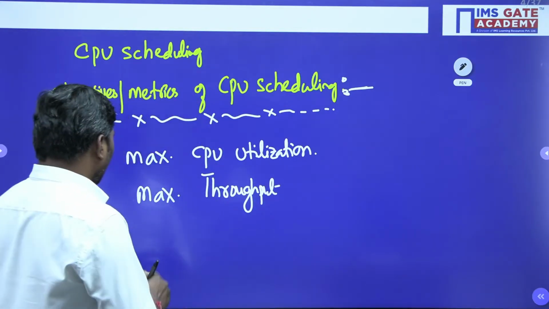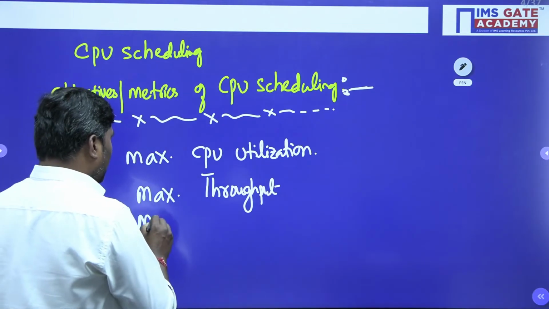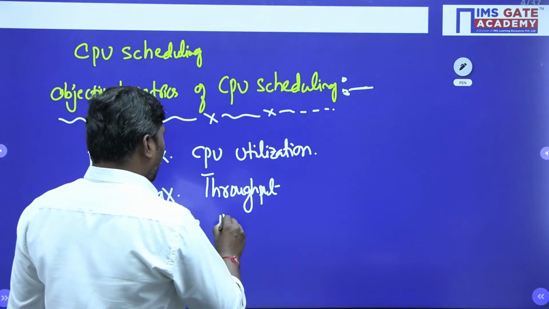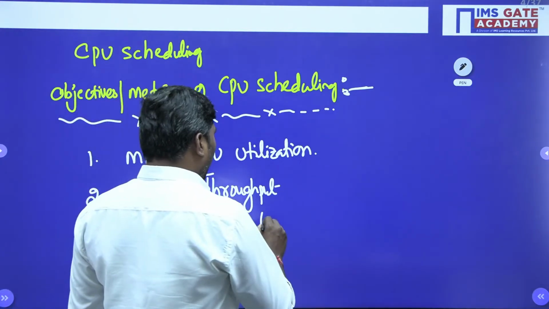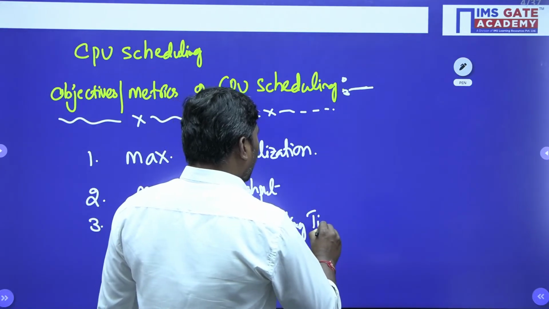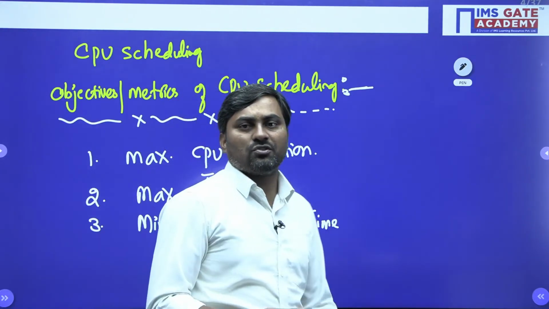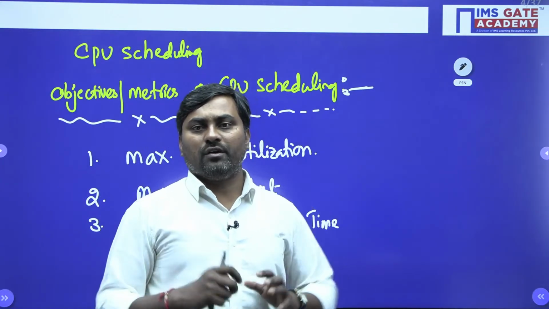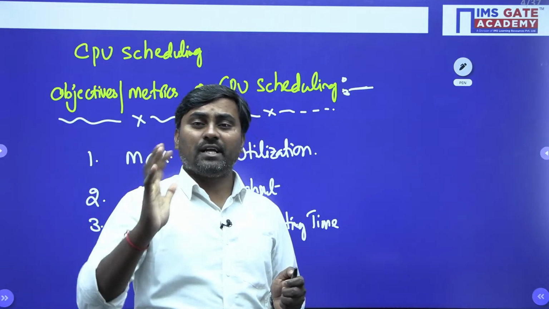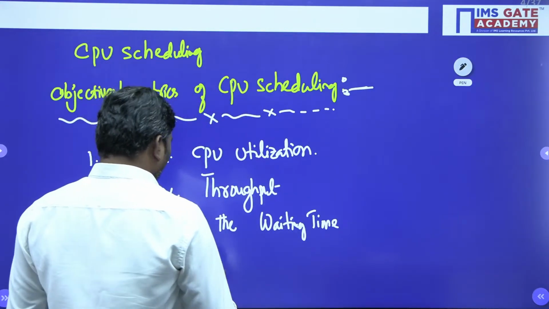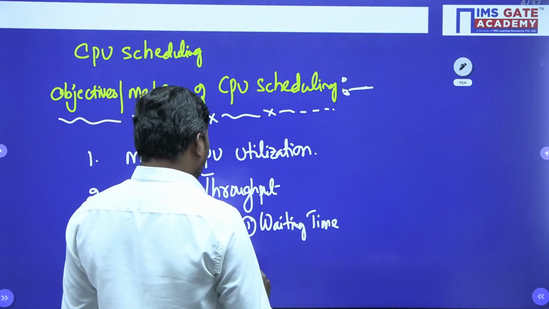So the third objective or third metric is minimize the waiting time. Sometimes a process will wait in the system for a resource or for the processor, for various reasons. Try to minimize the waiting time of a process in the system. Clear? Waiting time.